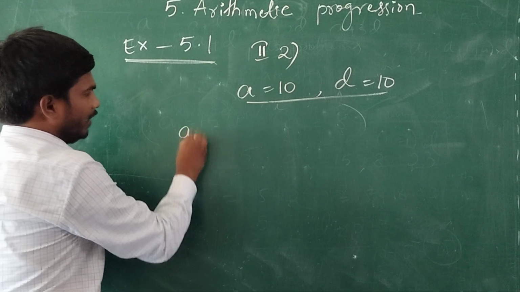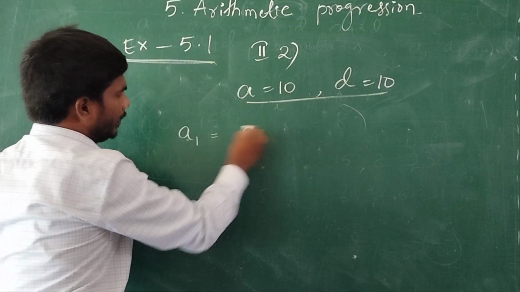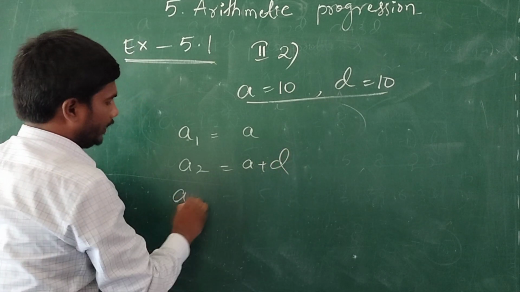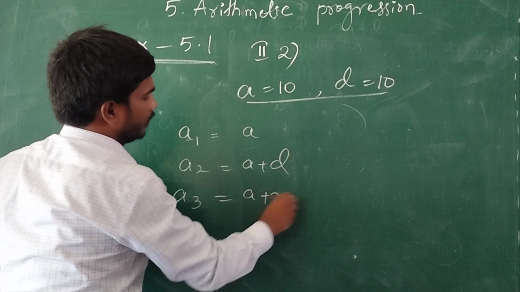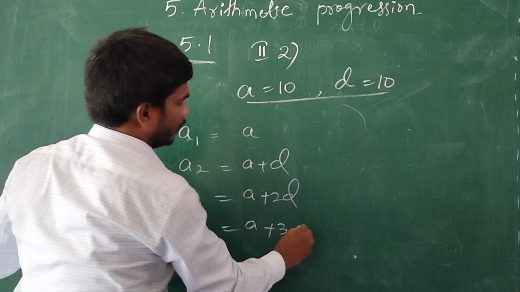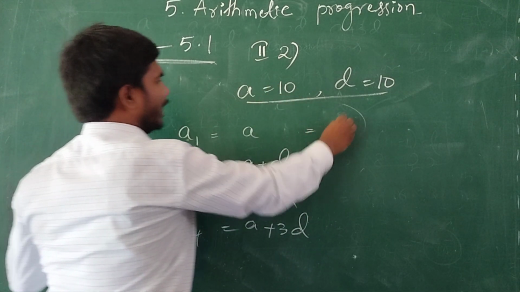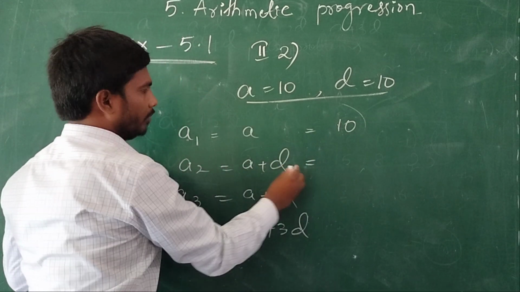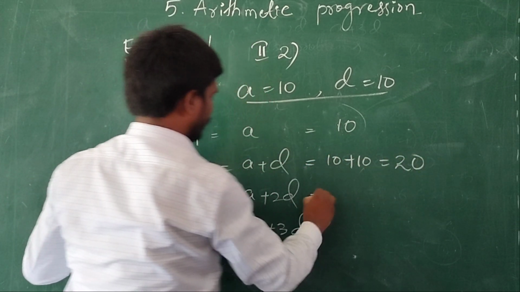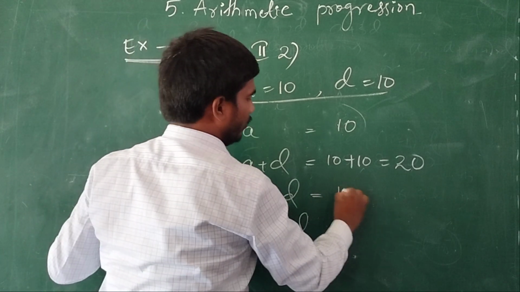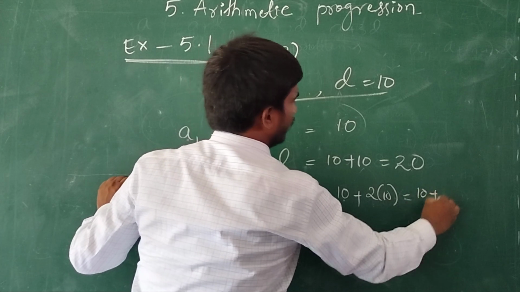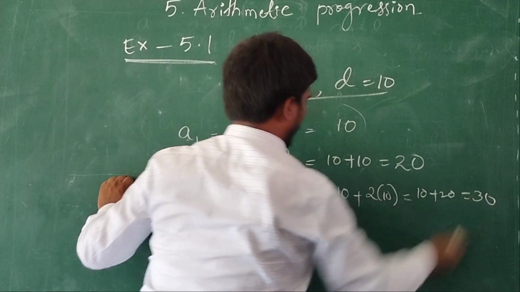We know that A1 is equal to A, A2 is equal to A plus D, A3 is equal to A plus 2D, A4 is equal to A plus 3D. So A is equal to 10, the first term. Second term, A plus D, 10 plus 10, is 20. Third term, A plus 2D, 10 plus 2 into 10, so 10 plus 20 is 30.